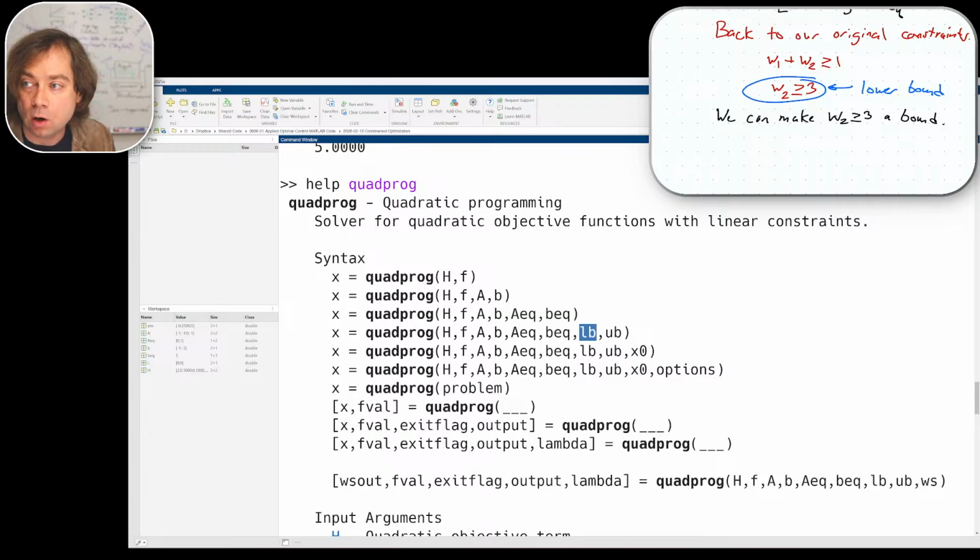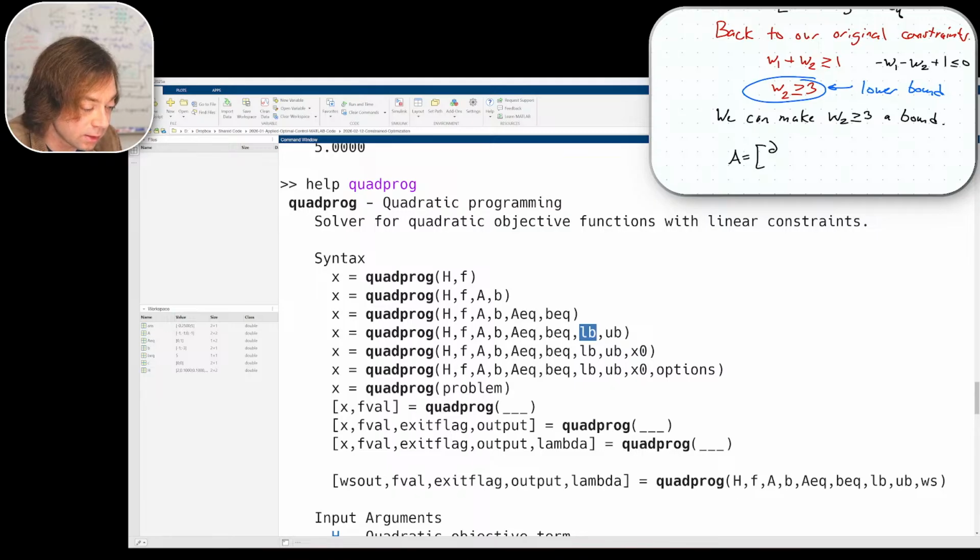So now our inequality constraints, our A matrix, can just be equal to the partial derivative of just this one constraint, which we had to put on the other side. What is it, like minus W1 minus W2 plus 1 is less than or equal to 0, right? That's our one constraint.